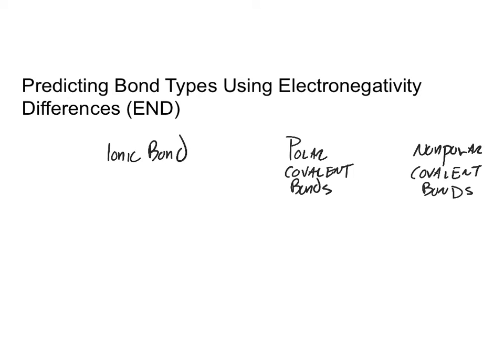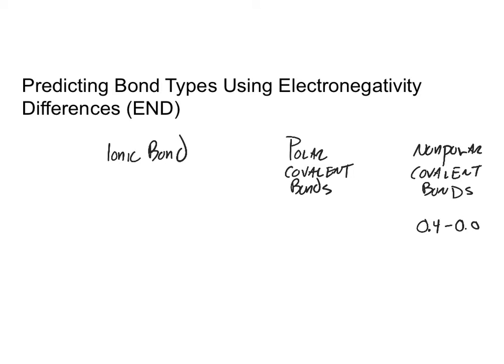So we basically will take the electronegativity difference, and we will determine by subtracting, very simply, what type of bond it is. Nonpolar bonds usually have an electronegativity difference from 0.4 to 0.0.